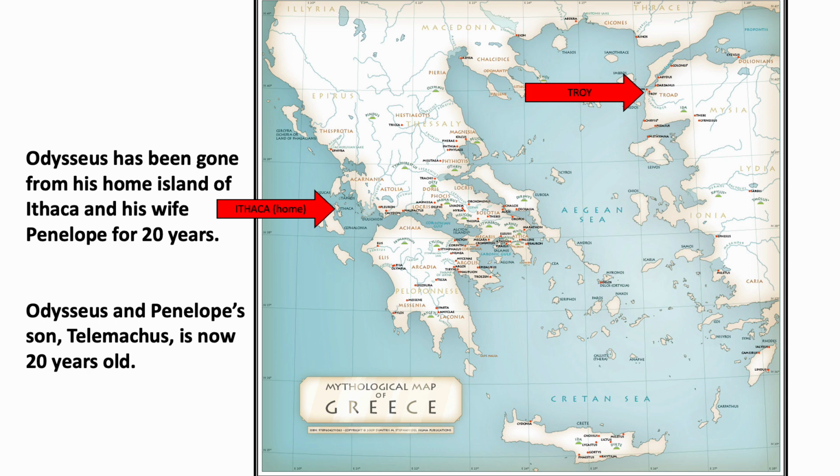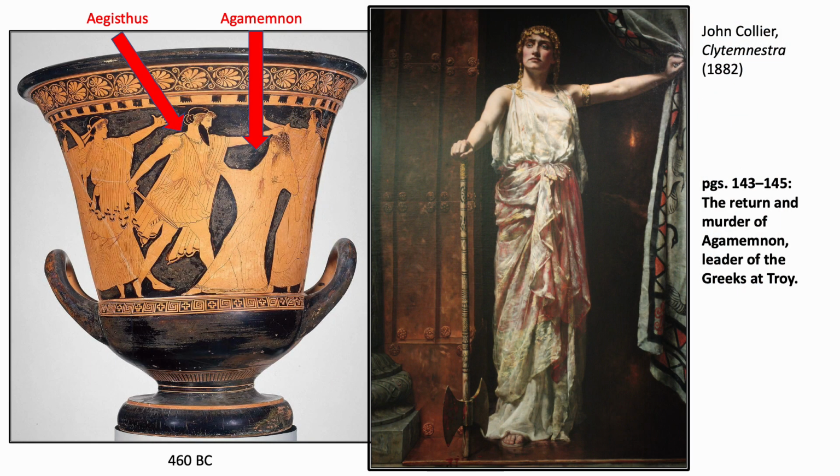Agamemnon survives the Trojan War, and he returns home in triumph, but only to find treachery in his kingdom. As Nestor will tell us in Book 3, on pages 143 to 145, while Agamemnon was gone, his wife, Queen Clytemnestra, had taken a man named Aegisthus as her lover.